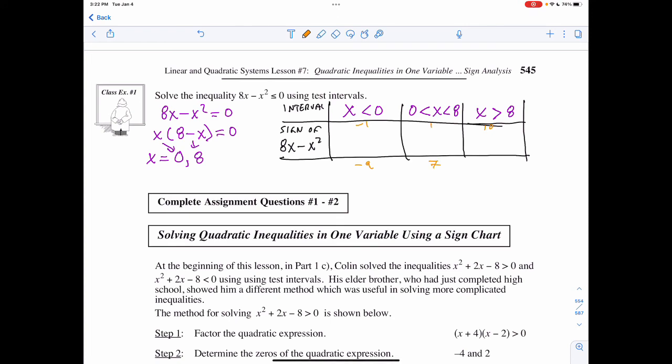And this one is going to give me -20 when I put it in my calculator. The first region is negative. Second region is positive. And the third region is going to be negative again.